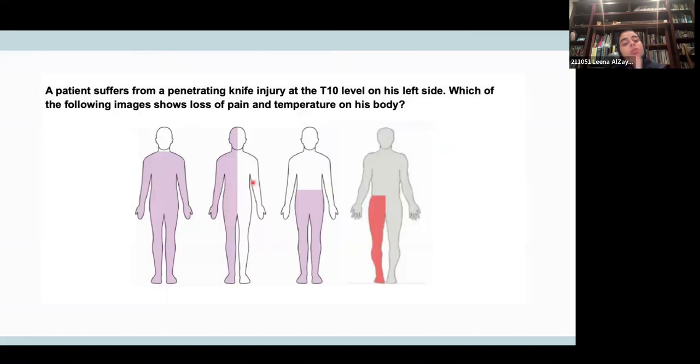A patient suffers a penetrating knife injury at the T1 level on the left side. Which of the following images shows loss of pain and temperature on his body?